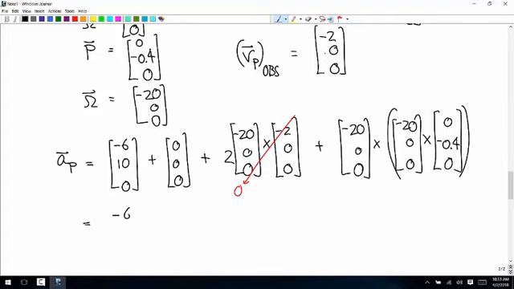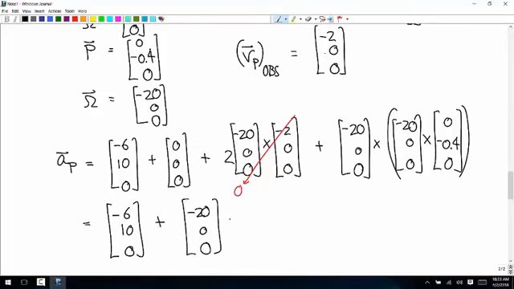And so we get negative 6, 10, 0 plus this crossed with 8 in the z direction.